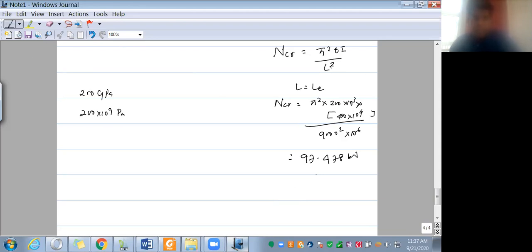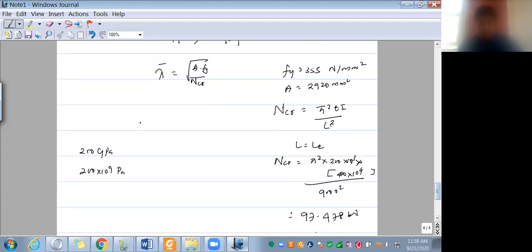That is the value for the NCR. So when you have NCR as 97.478, you can get lambda bar. So the lambda bar is the square root of A into Fy over NCR.